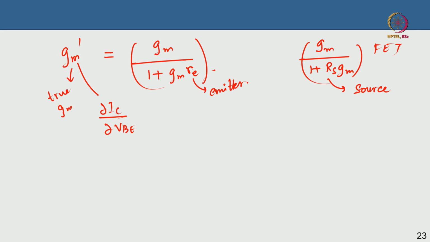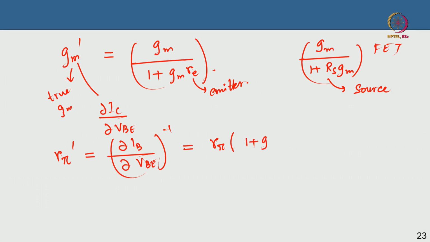Similarly, the input resistance R pi will be equal to IB differentiated with respect to VBE, inverse, and this will come out to be the actual R pi that you are measuring, 1 plus GM RE plus RB plus RC.